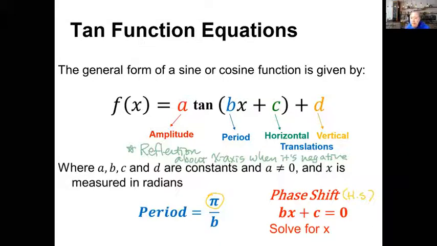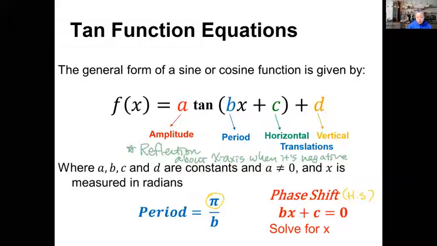Okay. Then Elizabeth's question is, what would a reflection over the y-axis look like on the tangent function equation? Could there be a reflection over the y-axis? Yeah. Reflection over the x-axis is when the a value in front of the equation is a negative number, right? Then the reflection over the y-axis is when the negative value goes in front of the x.